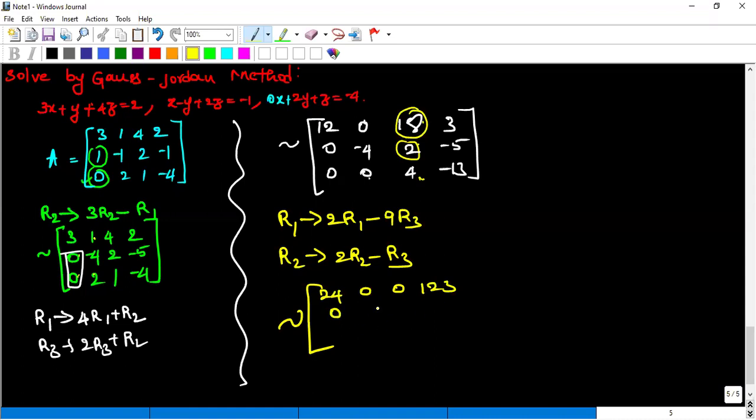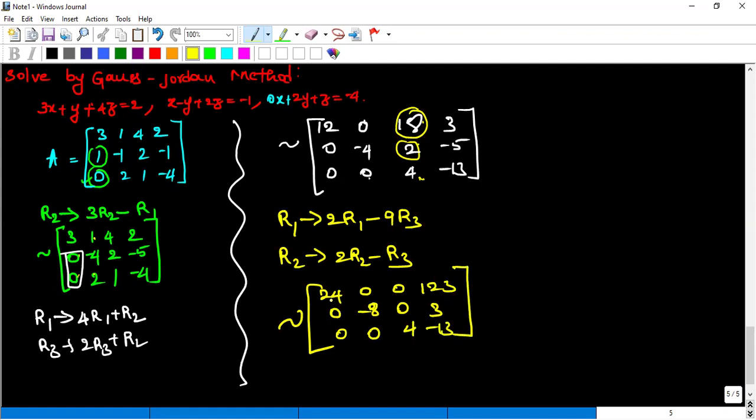Then 0. R2 also we have changed, 2R2. 2 times 4 is 8, so we will get minus 8. Here 0. 2R2 means minus 10 plus 13 is 3. This is 0, 0. The 4 as it is will come, minus 13 as it is will come.